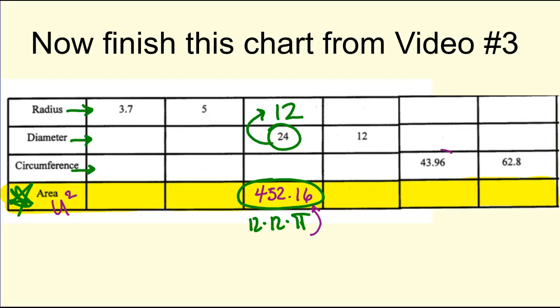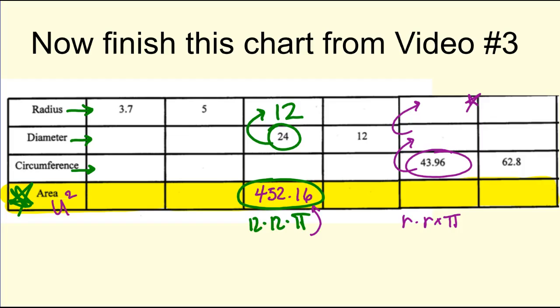Okay, I'll do one more. If we start here with the circumference, well, I got to figure out what the radius is up here, so I can do radius times pi to get the area. So I got to work backwards and get diameter, right? Divide by pi, or look back at how you did this in video 3. Divide by pi and get the diameter, and then cut that in half and get the radius. Then we can do radius times pi.